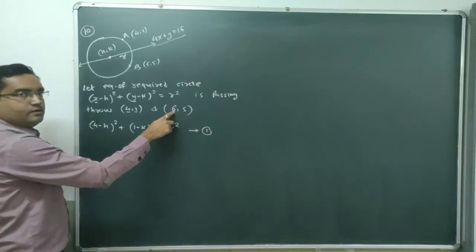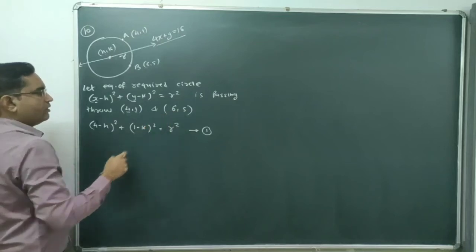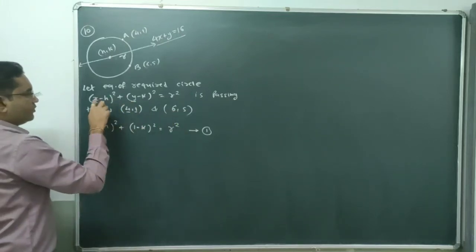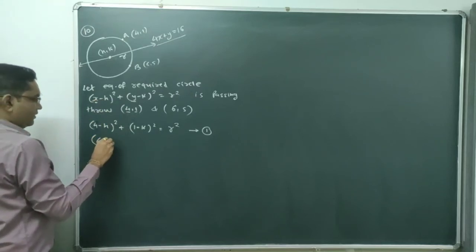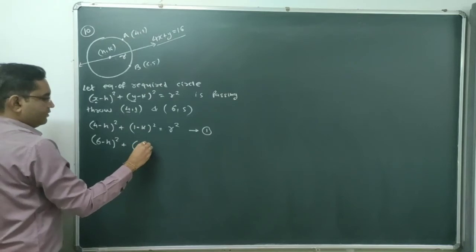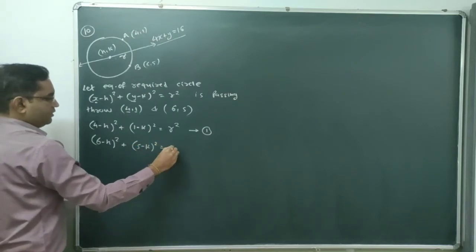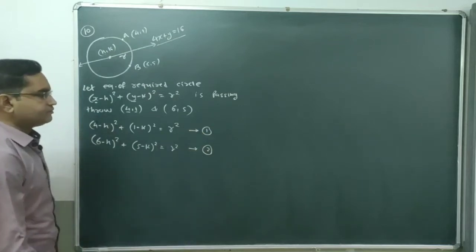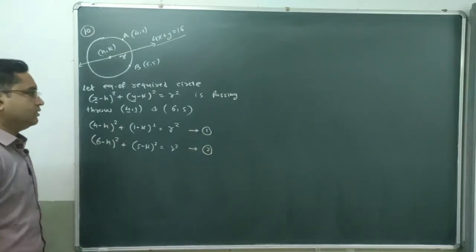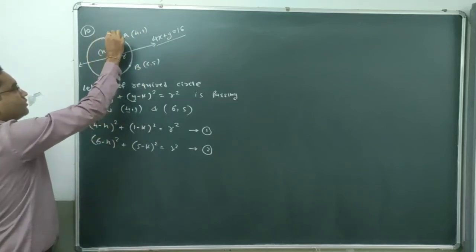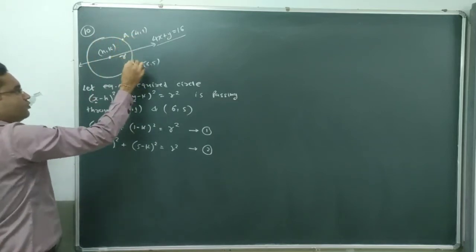Same way, the point 6 comma 5 will satisfy our equation of circle. So put x equal to 6, so it's 6 minus h whole square plus 5 minus k whole square equal to r square. Say equation number 2. Clear? So these 2 points satisfy the equation of circle because the circle is passing through them.